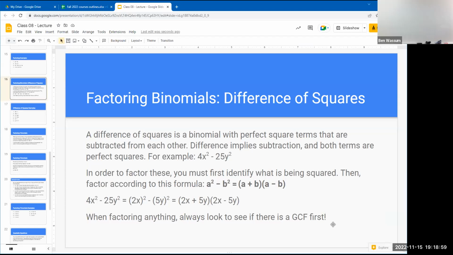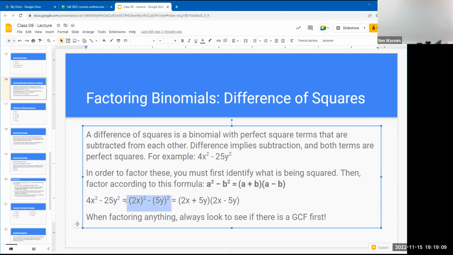So 4x squared minus 25y squared, you identify what's being squared. Now, when people are starting off, I usually recommend writing it out like I have in the middle here. So before you understand everything fully, before it's clicking, having that in-between step can help a lot.